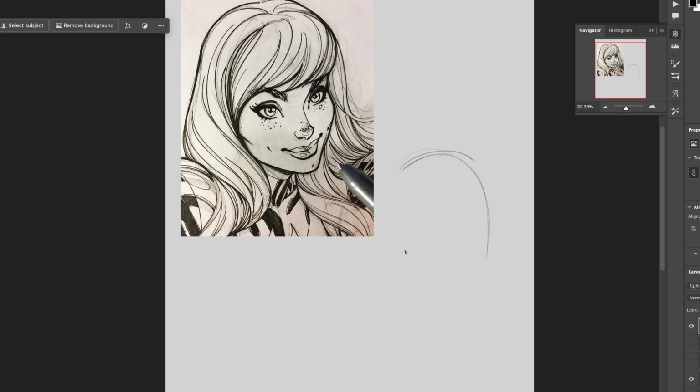I'm not trying to recreate this drawing here, but I do want to give you an idea of what he's doing in terms of the hair. Here's the head. It's got this kind of shape going, essentially.